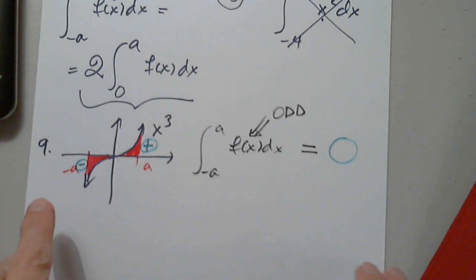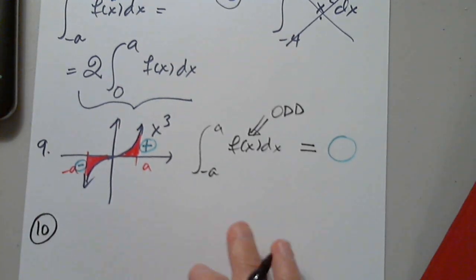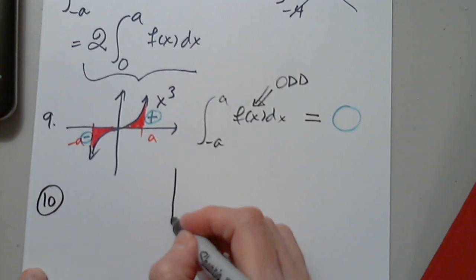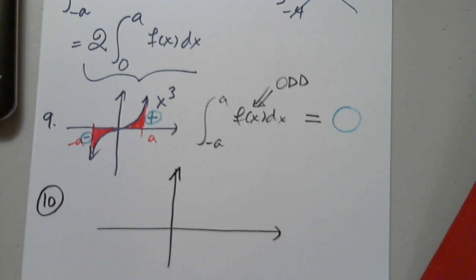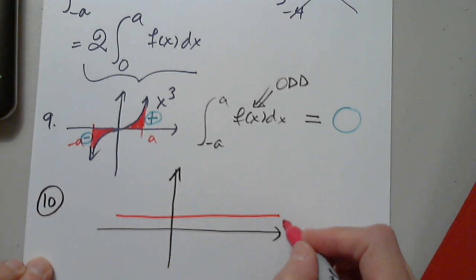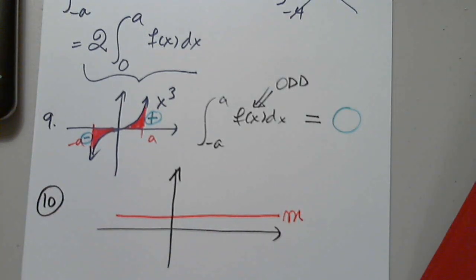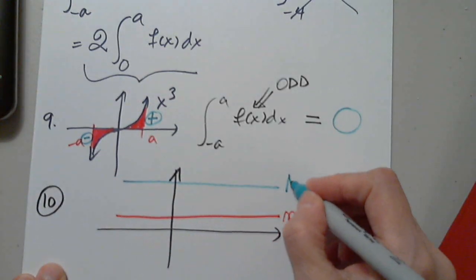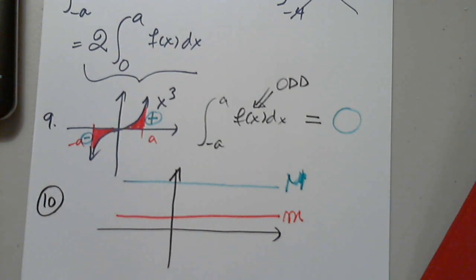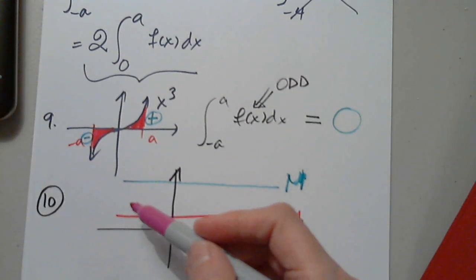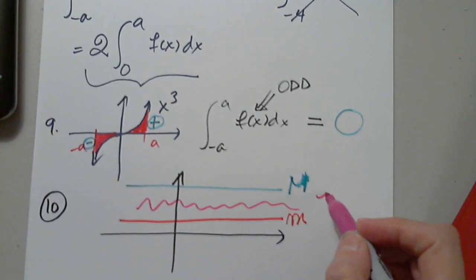I promise you the last property now. Property 10. So let's take a look at the following scenario now. We have a small number, positive, negative, it doesn't matter. Lowercase m. We have a big number, uppercase M. And we have a function prancing along, f of x.